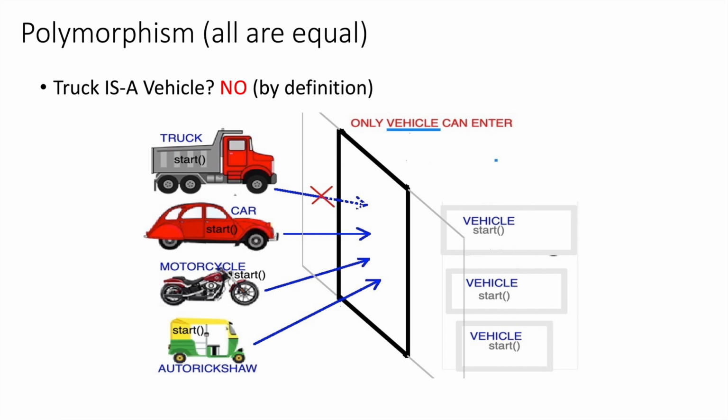You should be able to imagine this, that after going inside, and this gate is nothing but a method call. Whenever we call and pass our variables through a method, internally they will be treated as a type which is allowed inside. This is a symbolic representation of that concept.